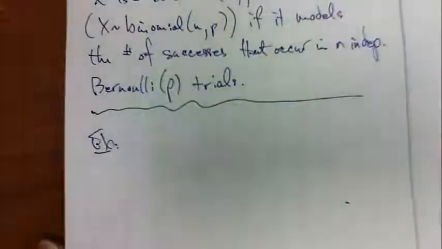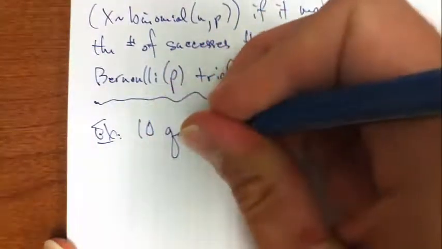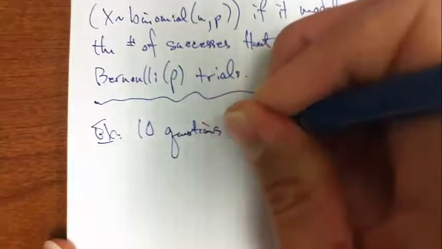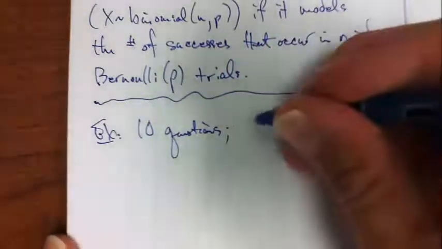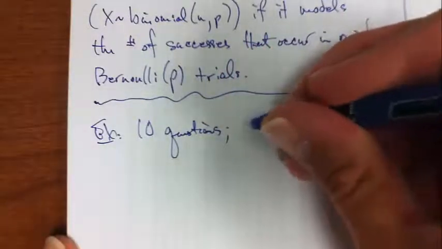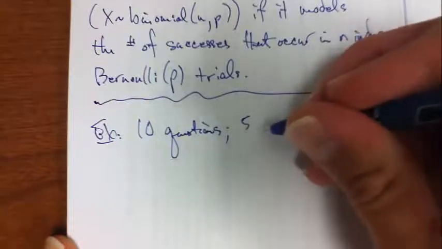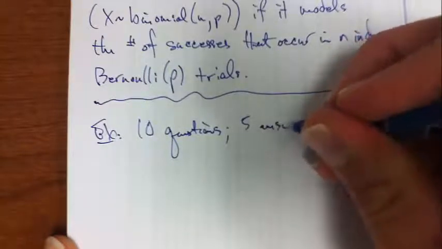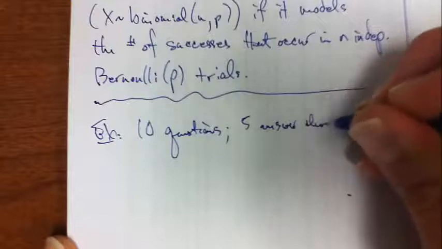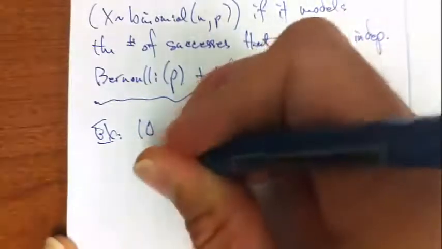So, as usual, you didn't study for your quiz. You have 10 questions, and let's say there are 5 answer choices per question.